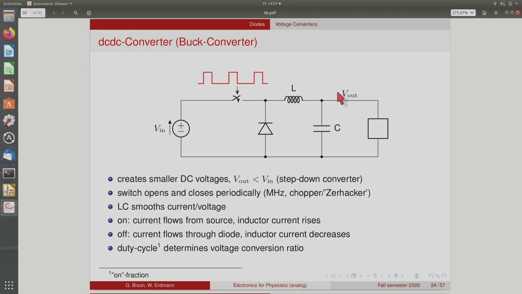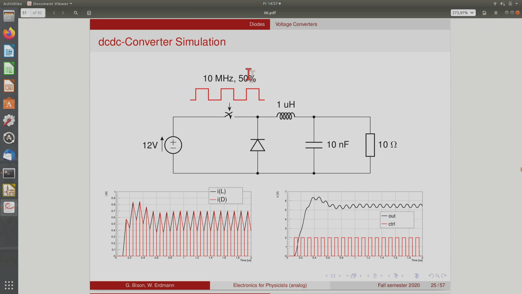And by selecting the duty cycle of the switch, so how long is it on and how long is it off, you can select the output voltage. So this is simulated here, where you have a 10 megahertz switch, which has at this point 50% duty cycle. We chose a 1 microhenry coil and a 10 nanofarad capacitor and a relatively small resistor as a load.